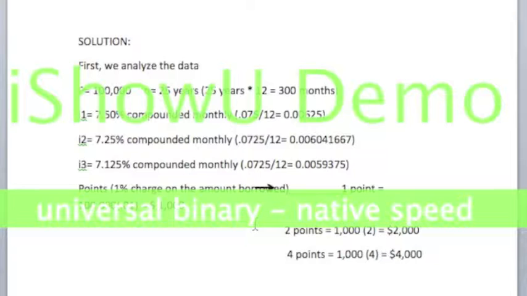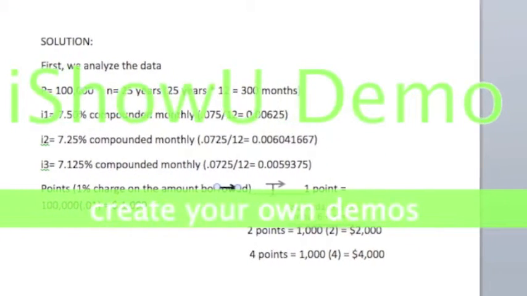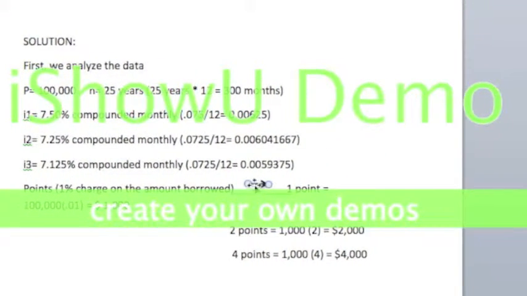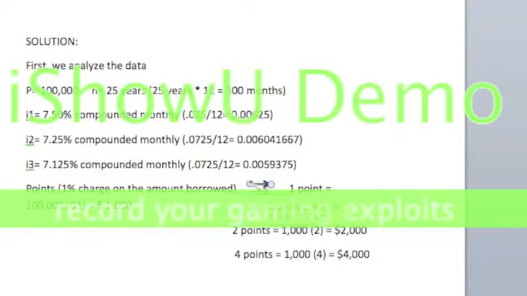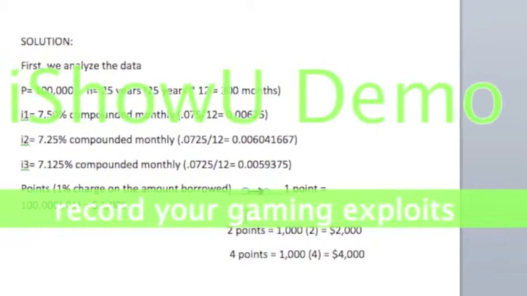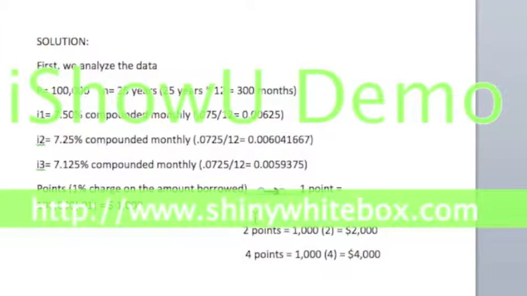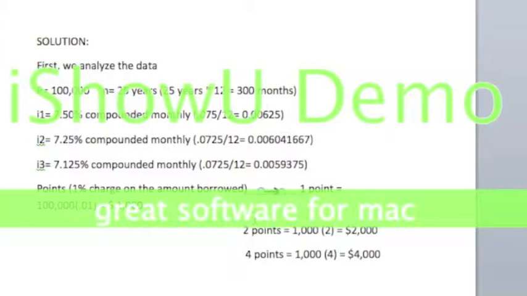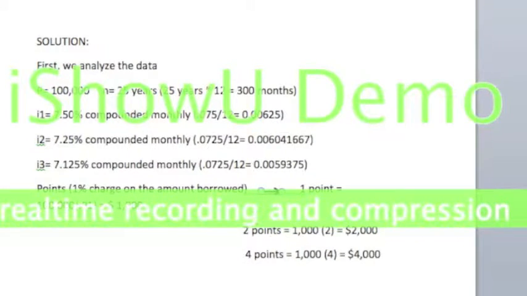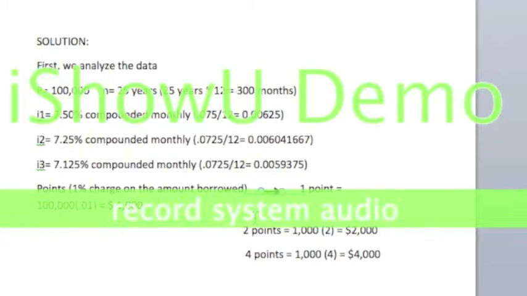In option 1, we have 7.5% compounded monthly, so we divide it by 12, we obtain 0.00625. In option 2, we have 7.25% compounded monthly, so we divide it also by 12, and we obtain 0.006041667.